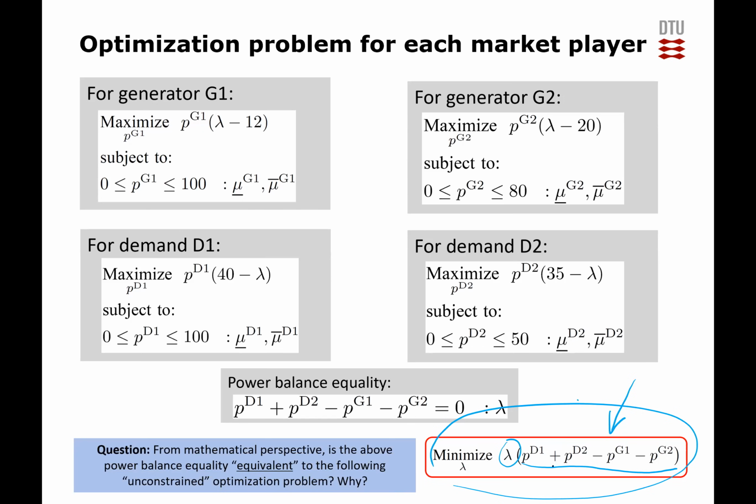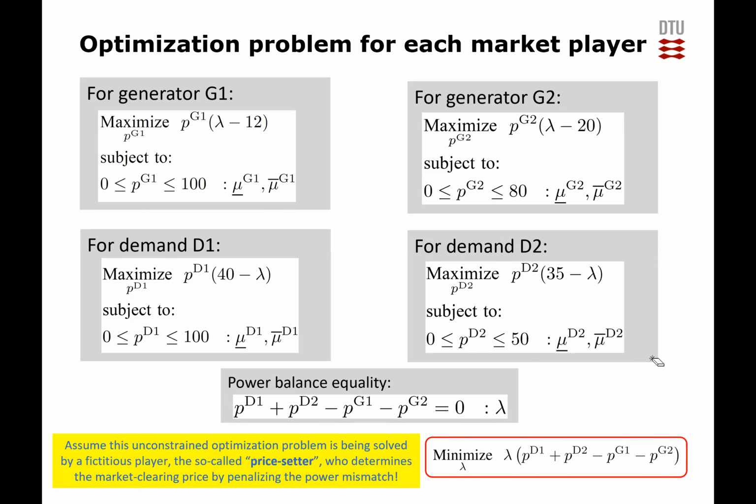Yeah, you can say that, they are revenues. Maybe simply, we can say that we are just trying to penalize any mismatch between the consumption and production. This is the difference of the total production and total consumption. We like to make it 0. If it's not 0, we are penalizing it by lambda, right? It's one interpretation.